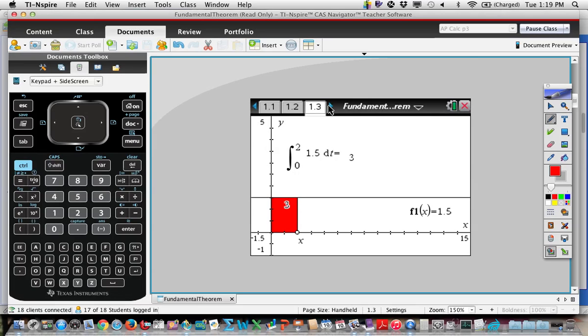You just slide it. You grab it, you click on it. Click and hold.